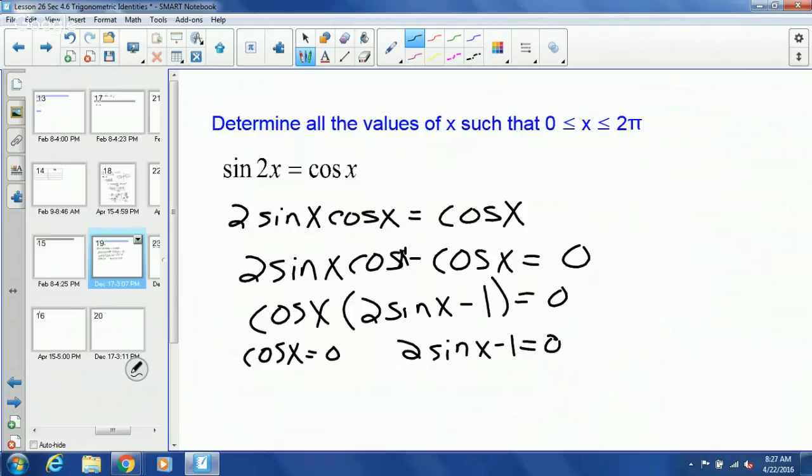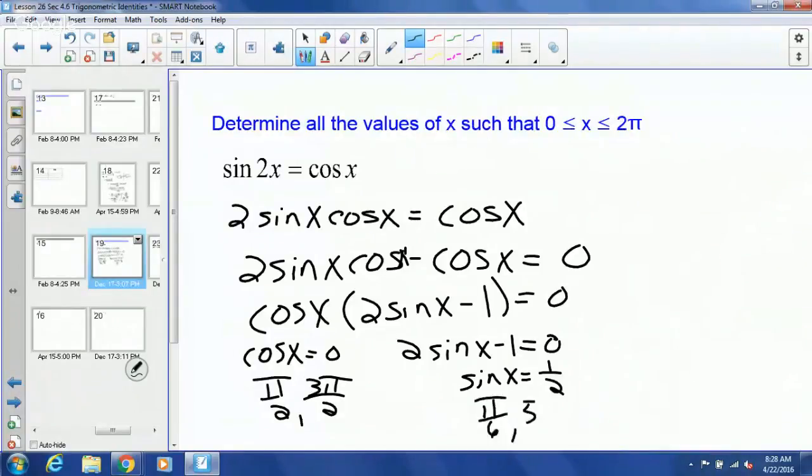It's actually pi over 2 and 3 pi over 2. Now this one, you're going to get sine of x equals 1/2. Where is that true? All right, pi over 6 and 5 pi over 6, right?